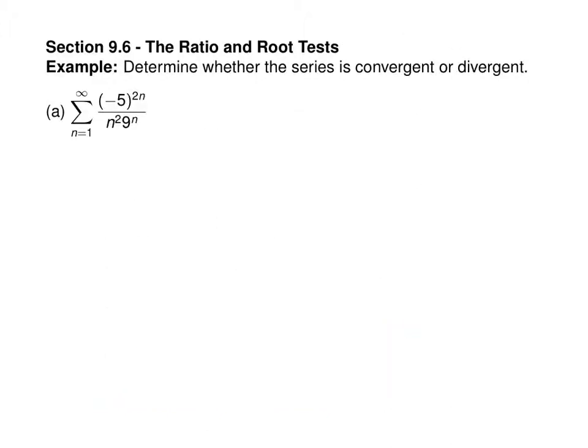The final series tests we had to check series for convergence or divergence were the ratio test and the root test. Recall that these tests actually test for absolute convergence. So for this first example, let's apply the ratio test.